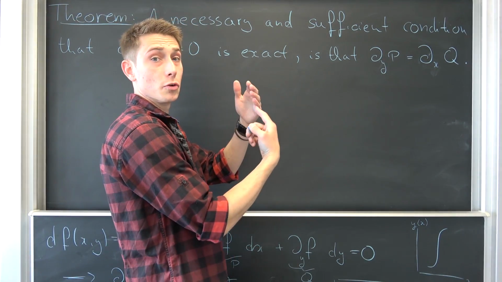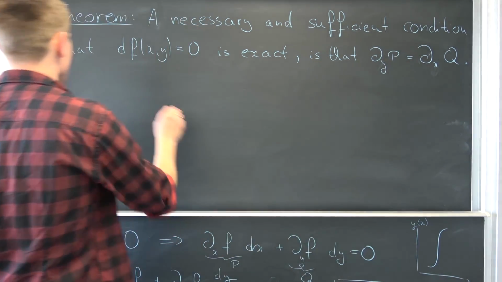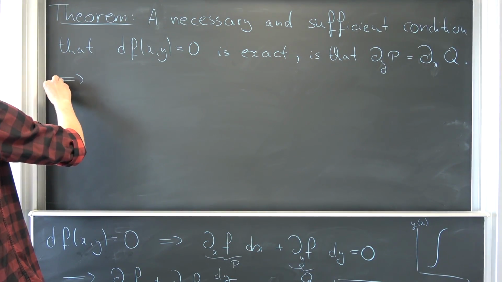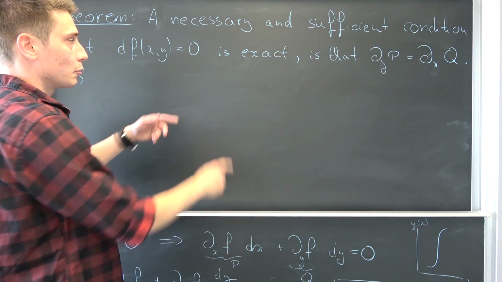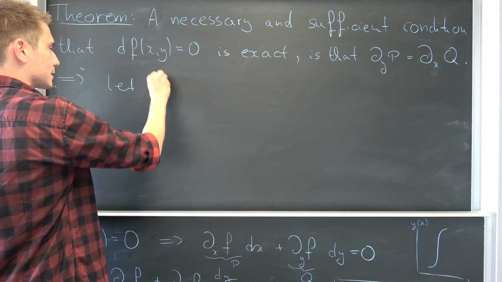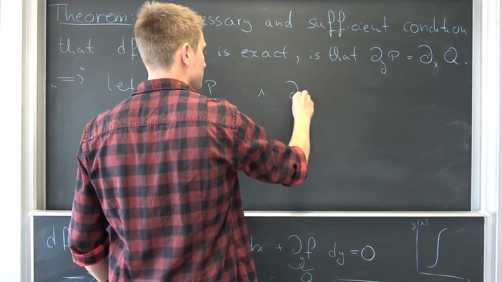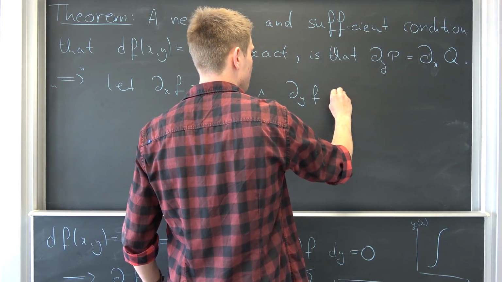Meaning we have to prove a forward direction and a backwards direction. Let us start with the first one. From left to right, it basically states: let del x of f be equal to p and del y of f be equal to q.